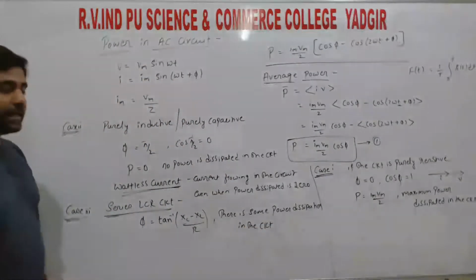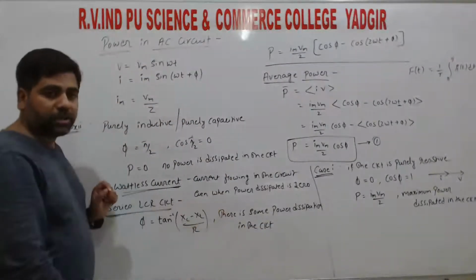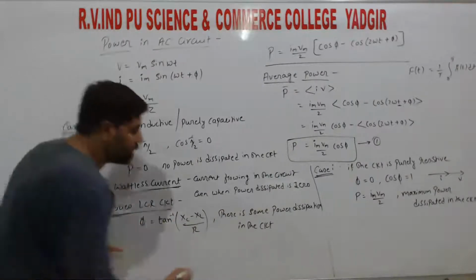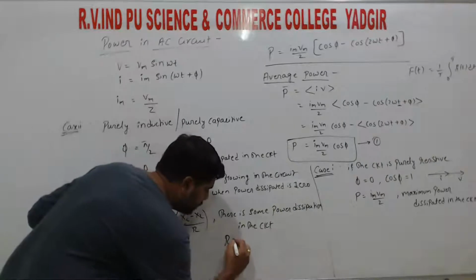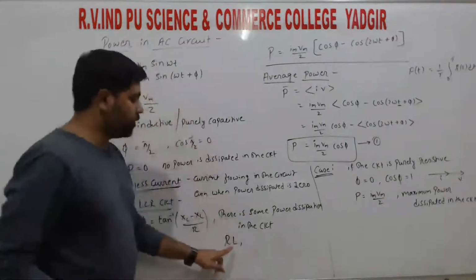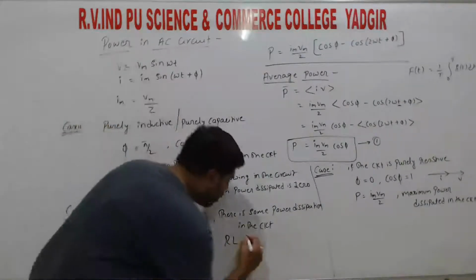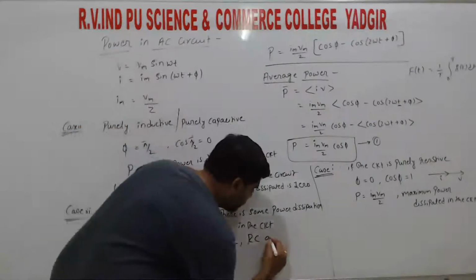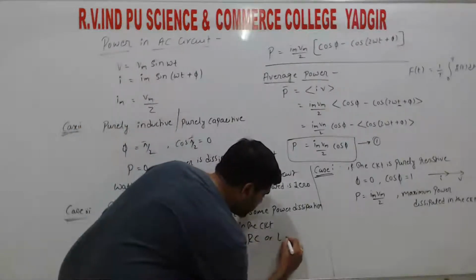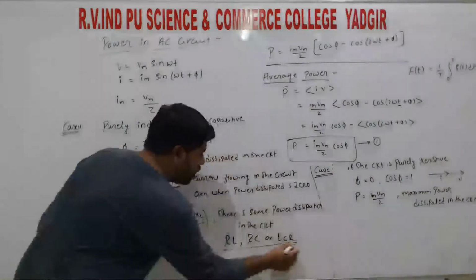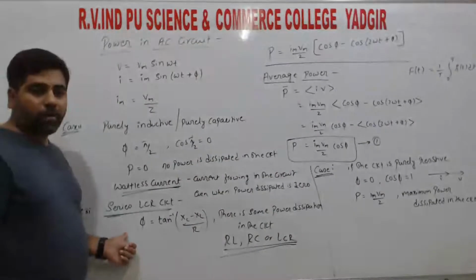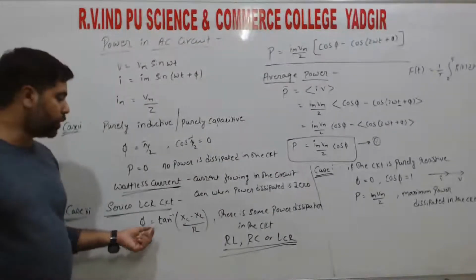So for this power dissipation in the circuit, it is not necessary that it be a pure series LCR circuit. Either the circuit is resistance with the inductor, or resistance with the capacitor, or it may be a series LCR circuit. So if any of the three is connected, we get some power dissipation in the circuit.